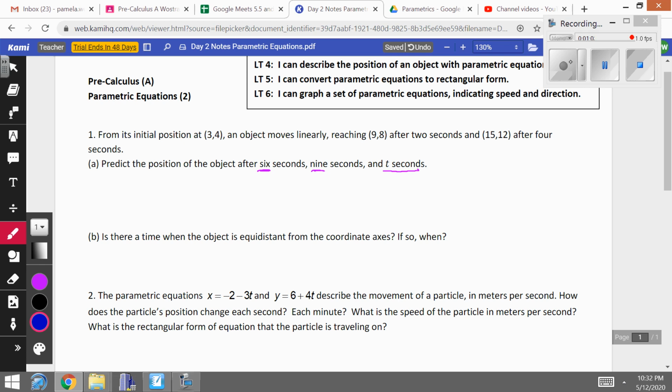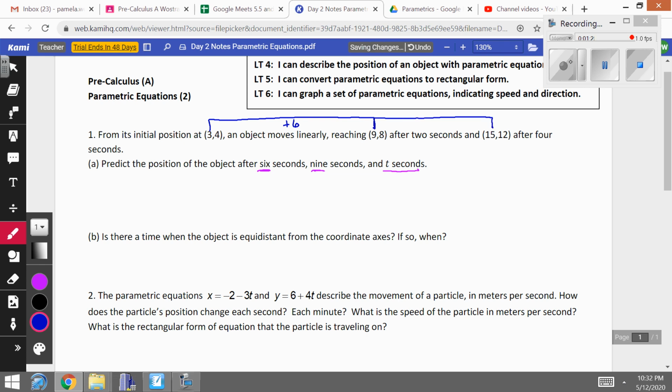If I look at my x's, from 3 to 9 in 2 seconds, it goes up 6, right? Actually, I'm sorry, it goes to the right 6. Since it's an x coordinate there, it moves to the right 6. And then from 9 to 15, again, it's another 2 seconds later.